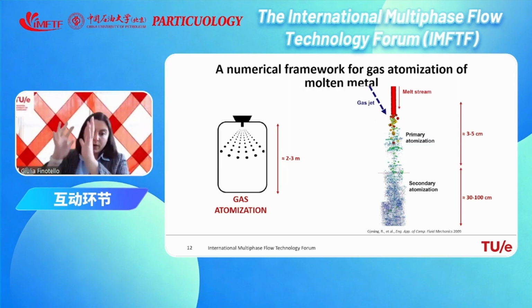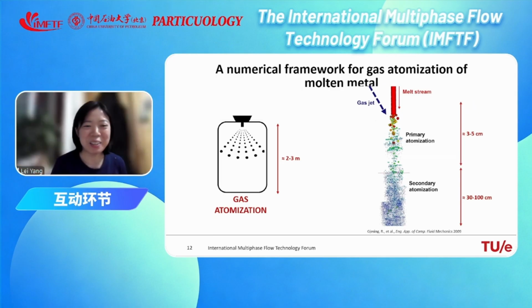That is really your primary atomization. And whenever you see smaller and smaller droplets being generated, that's your secondary atomization mechanism. But this division doesn't mean that there is not a bit of transition or overlap in the real gas atomization process.